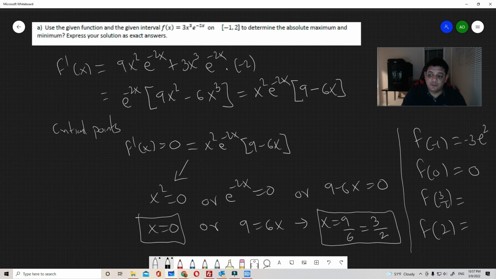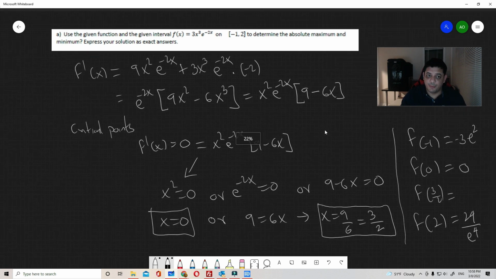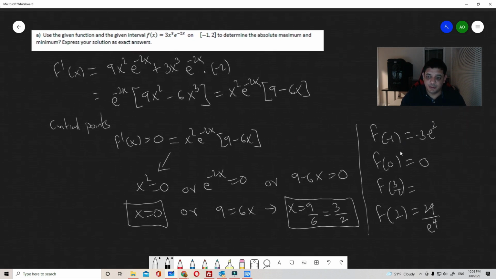If I plug in 2, now that becomes 2 cubed is 8, multiplied by 3 is 24. So it's 24, but the e to the -2x can be seen as e to the -4, or 1 divided by e to the 4. Okay? Now f of 3/2 can be seen as plugging in 1.5, right?